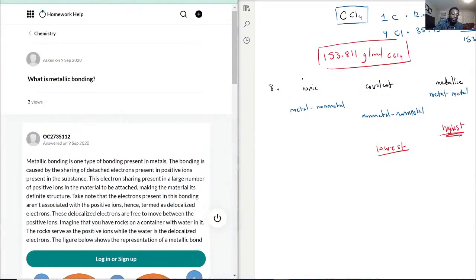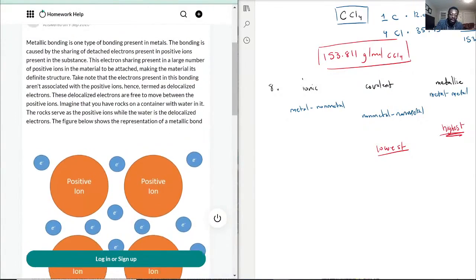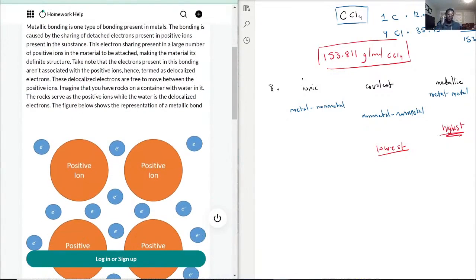Okay. So, this is a nice picture as well of what you represent when 2 metals are hanging out together. You see a lot of positive ions and the electrons from both of them that just surround them like a sheet. Okay? So exactly. And it is different from the typical ionic or covalent bonds.